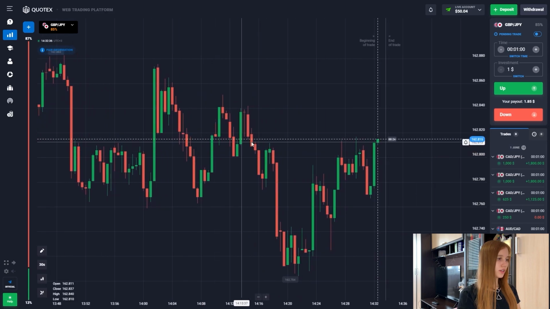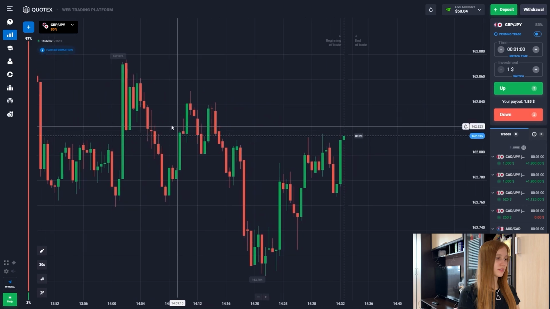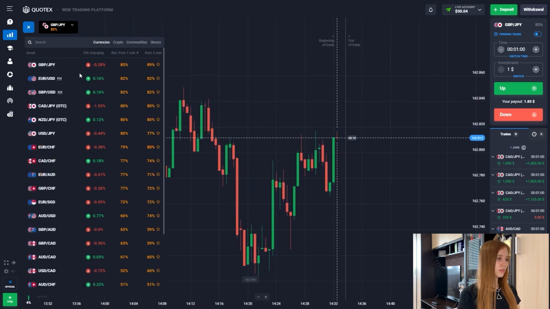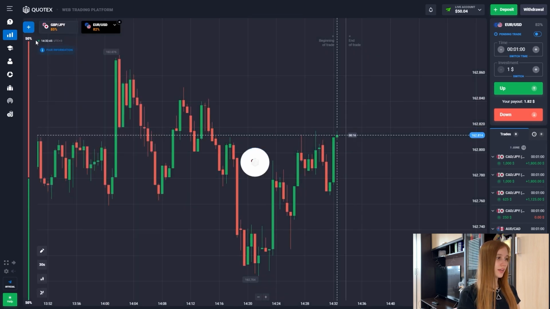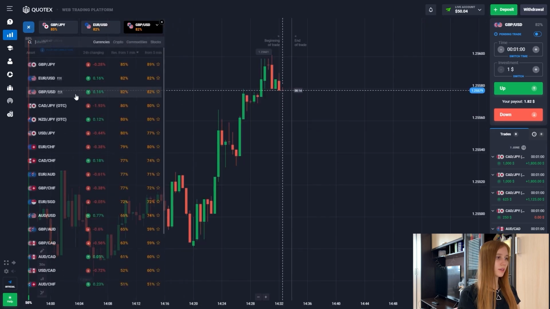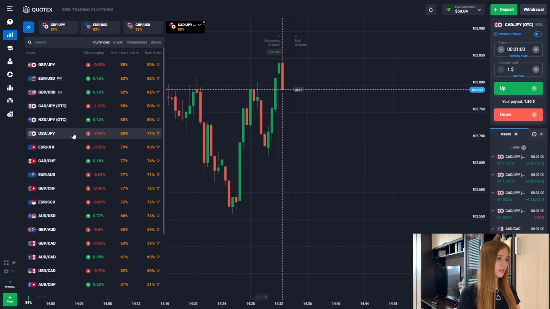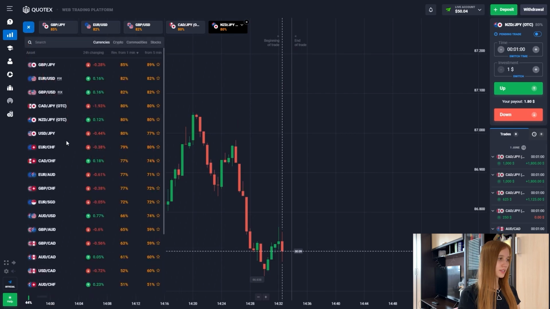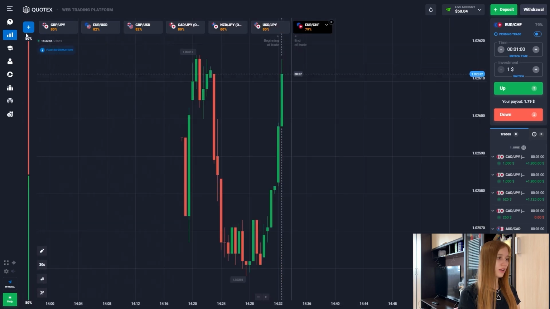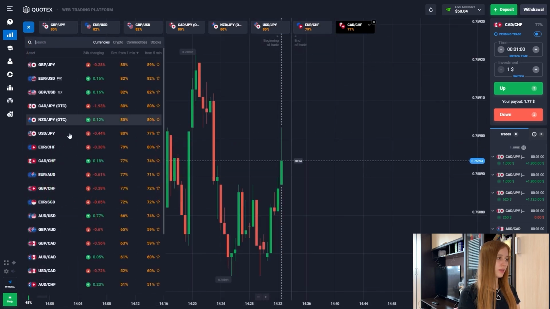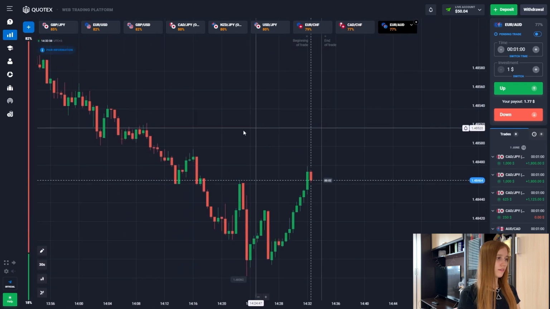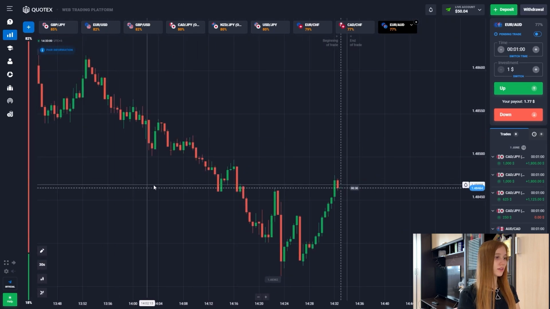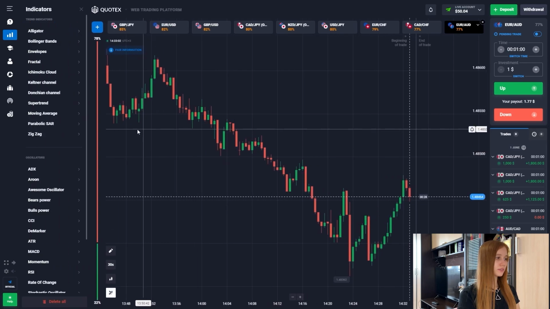Let's start our trading session. As usual, add more concepts to make it easier to monitor the market. Today, fairly good interest to open deals. Let's add a couple more, and that will be enough. Add an indicator. It will be an alligator.